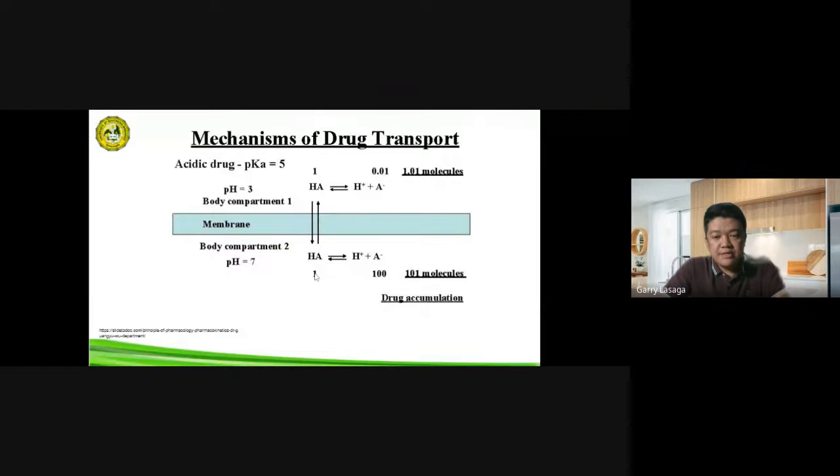So we can see here that there is more ionized than unionized. Therefore, when there is more of the ionized form of the drug, it will not diffuse across the membrane, so it will be trapped in this fluid compartment.